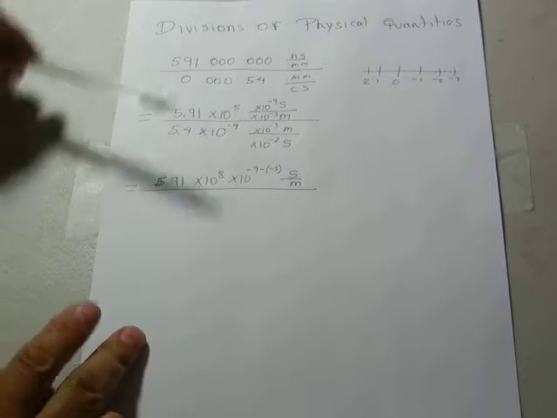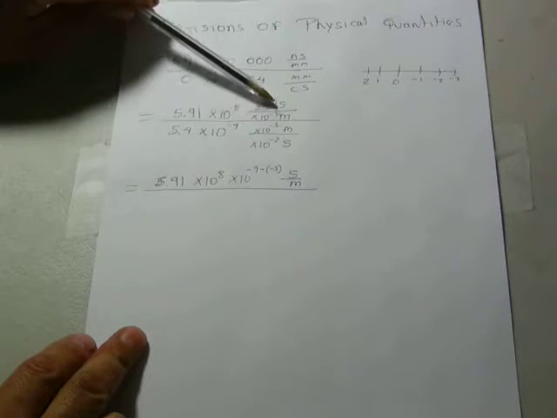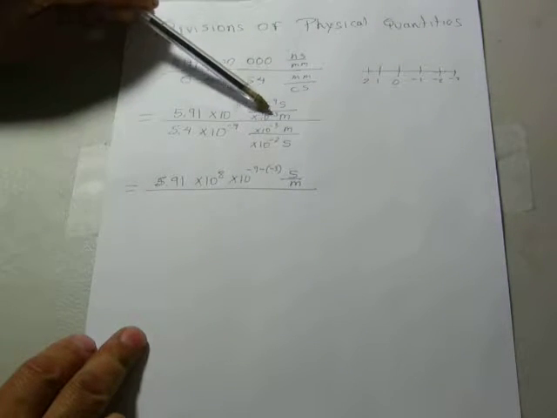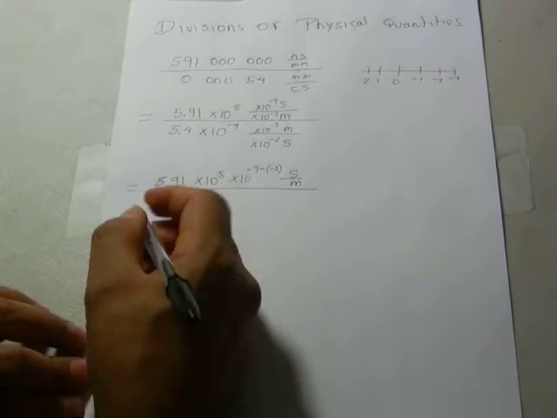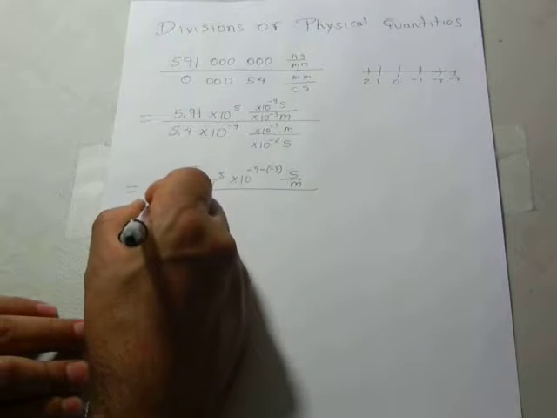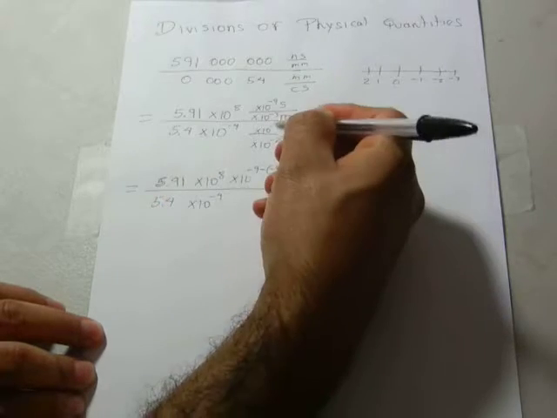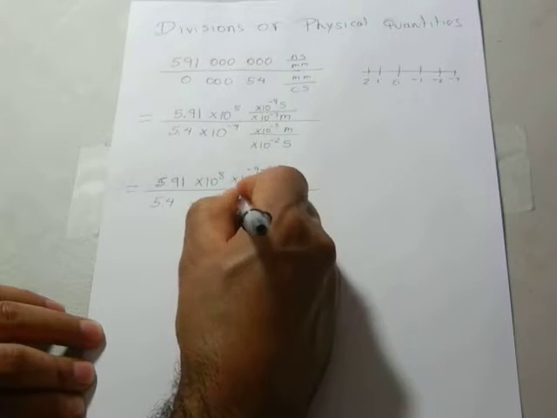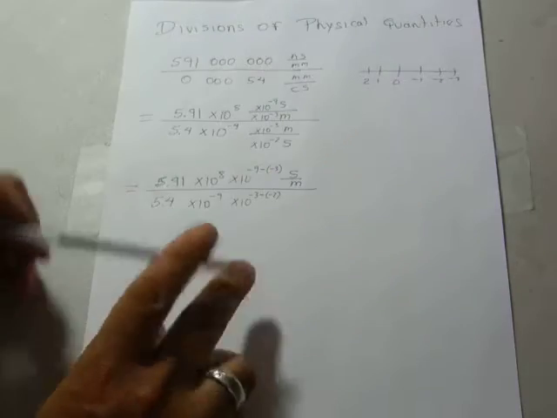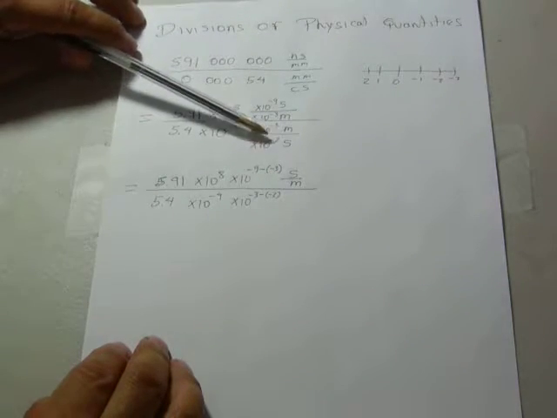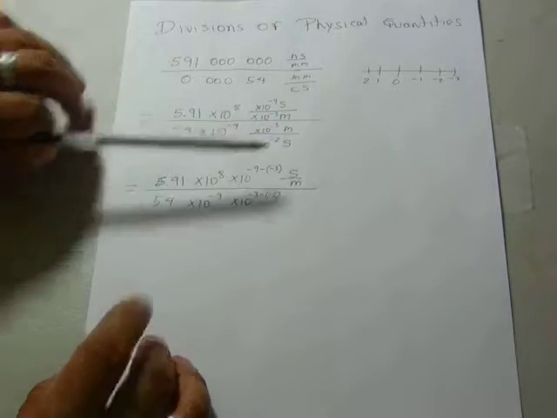I hope you can see the minus that we have here. The minus 3 is this, but in division we subtract. Now for the denominator we have 5.4 times 10 to the negative 4 is the same. Times 10, I have minus 3 minus minus 2. I'm subtracting the power of the denominator. And my units, we have meters per second.